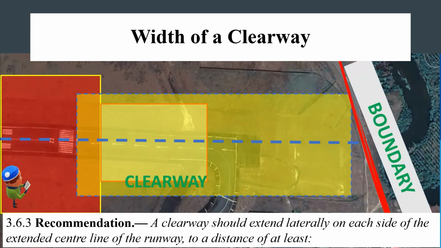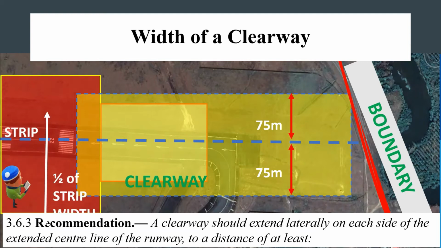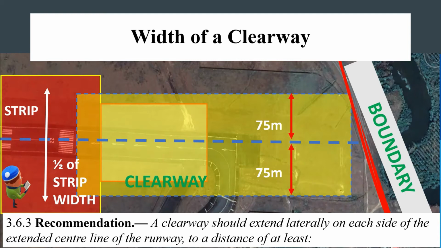So on the screen you can see that the strip and the RESA were there, but on top of the strip and the RESA you have your clearway. Annex 14 says that 75 meters on each side of the center line can be the width of your clearway, or you can also have half of the width of the strip. Especially for non-instrument runways, you can use half of the width of your strip as the width of the clearway.